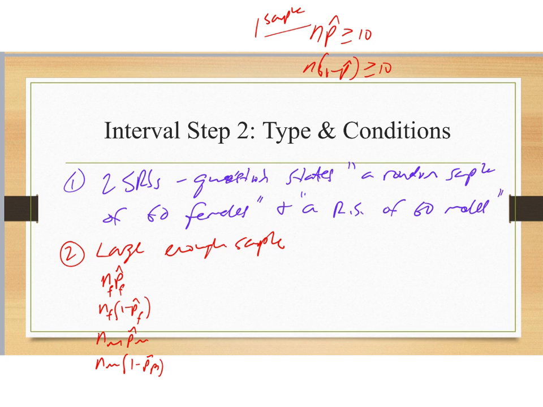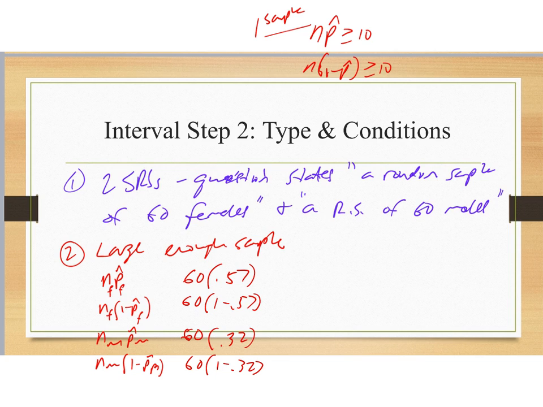So for us here, that would be, for the females, 60 times 0.57 and 60 times 1 minus 0.57. For the males, they also had a sample size of 60. Again, the sample sizes won't always be the same, but in this case they were. 60 times 0.32 and 60 times 1 minus 0.32. Now again, these are rounded values.